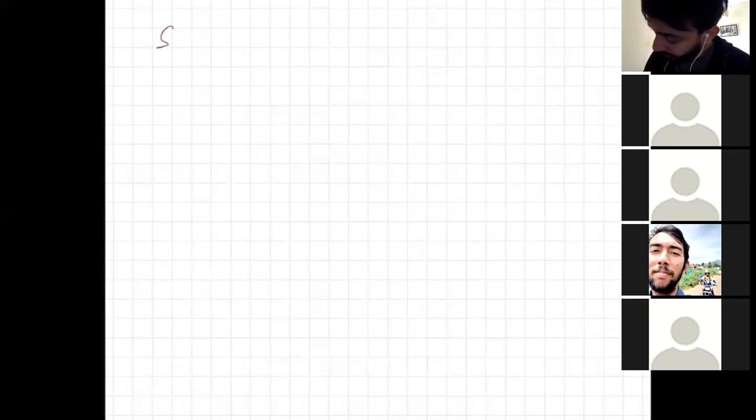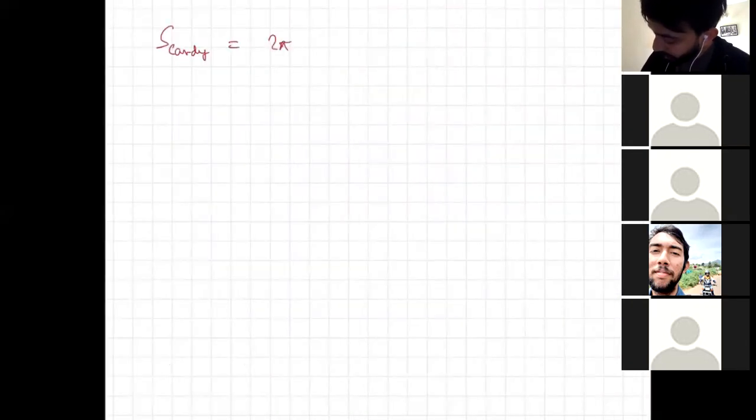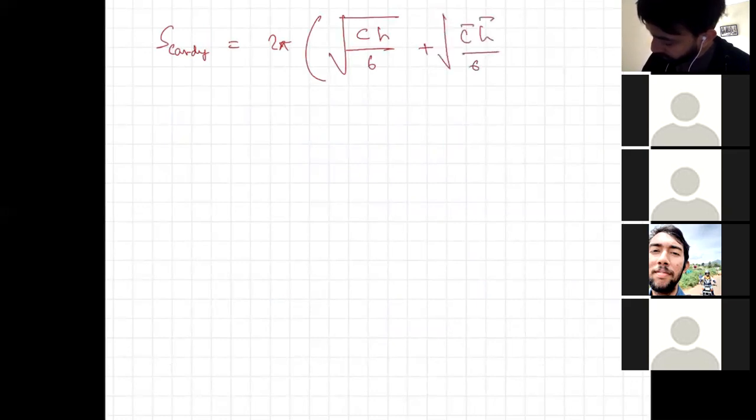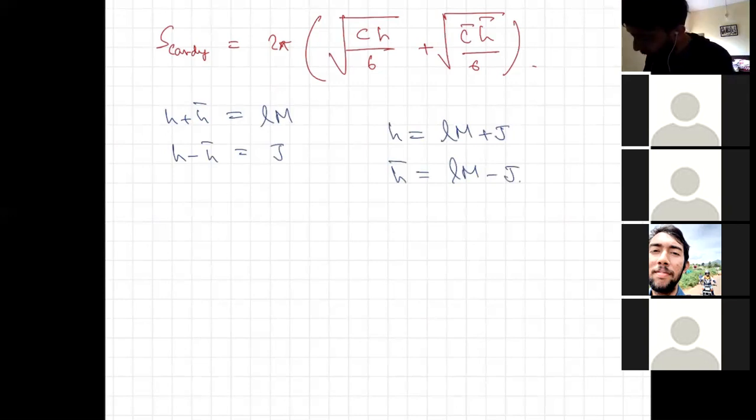So S Cardy is 2 pi times the square root of c h over 6 plus c bar h bar over 6. h plus h bar is equal to Lm. h minus h bar is equal to J. So h is equal to Lm plus J, and h bar is Lm minus J, up to factors of 2. There are some factors of 2 which I've missed.